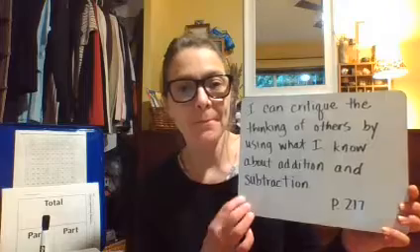Okay, all right, so we're going to be going to the solve and share. All right, so let's go ahead and look at this problem, and we're going to be thinking about the strategies we've learned in this unit, the compensation strategy and the breaking apart strategy, and then we're going to also think about the tools.